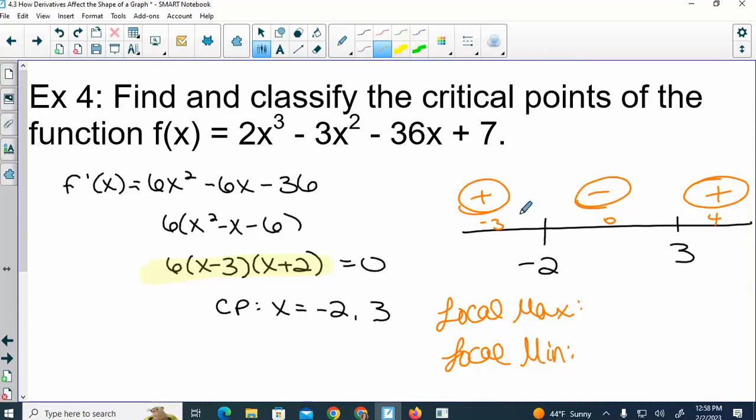If your graph was increasing and switched to decreasing, then what happened at -2? And then if you plug that into the original, you get -16.